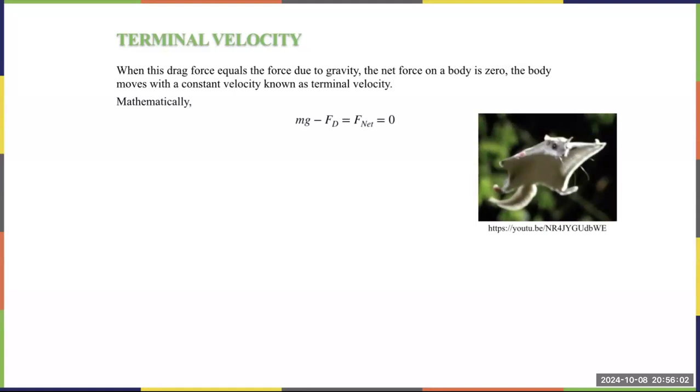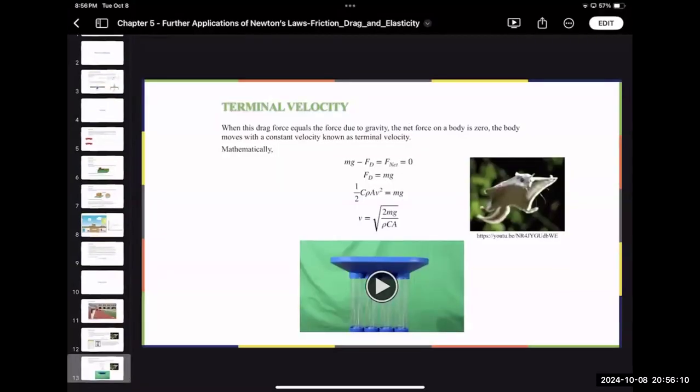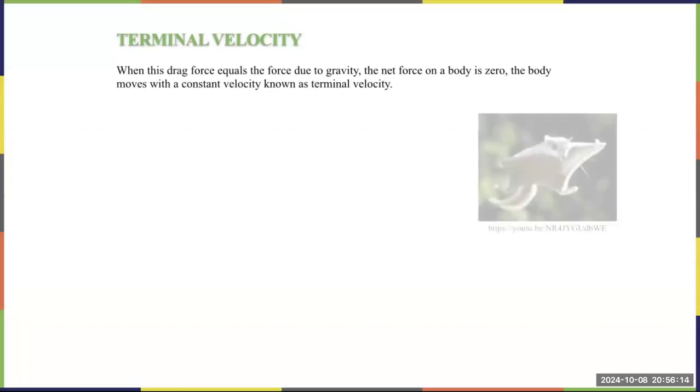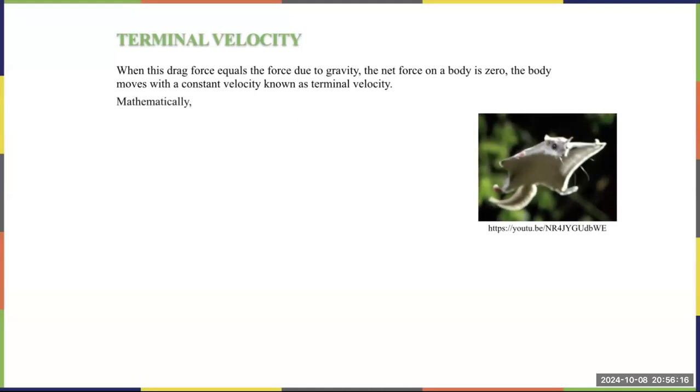And mathematically, what do we know? If there's an object, the force due to gravity is acting downward, and there's a drag force which is acting upward, right?